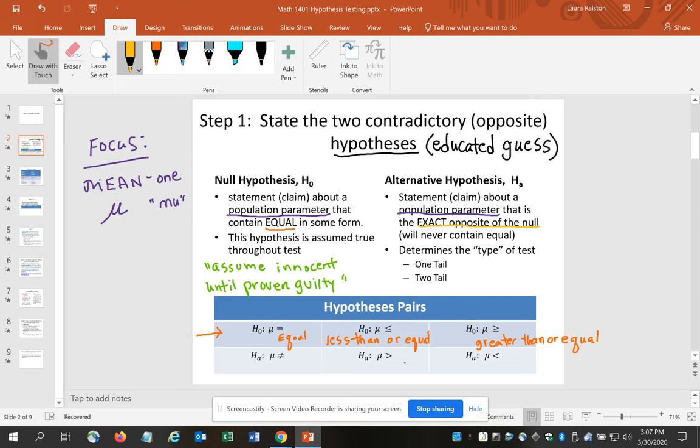And again, if you look down at the bottom of the screen at the table, you'll see that. The opposite of equal would be not equal. The opposite of less than or equal is greater than.